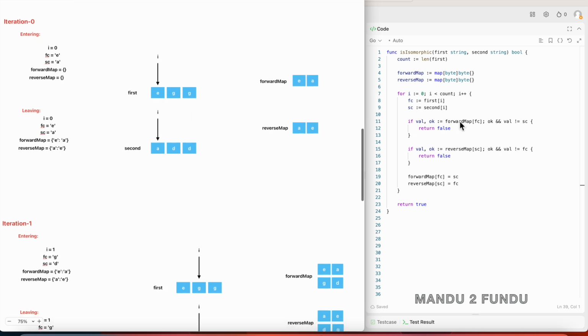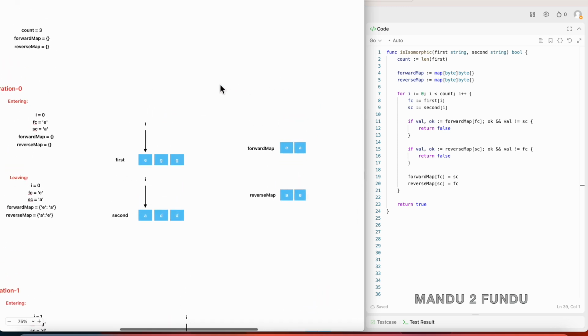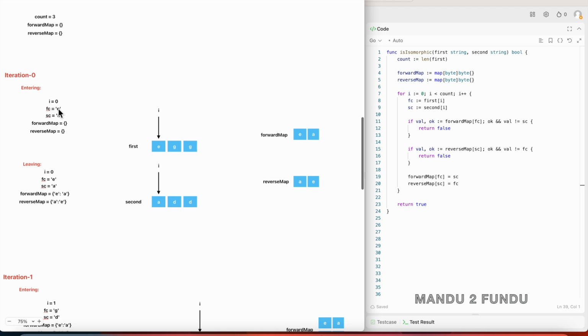In the iteration 0, first we assign the 0th character in the first string to FC and the 0th character in the second string to SC. So E and A. Then we check whether there is an entry in the forward map for the character FC. In this case it is not, it is empty.